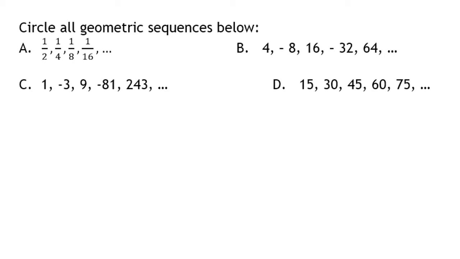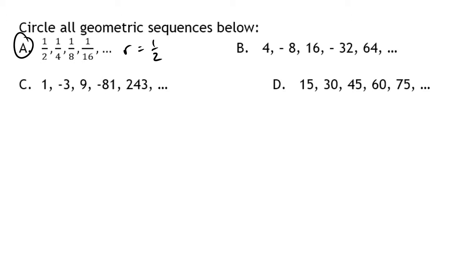If I'm looking for a geometric sequence, the hallmark is that I have to have a common ratio. I'm multiplying by a constant each time. In this first one, I go from 1/2 to 1/4 to 1/8 to 1/16. Clearly, this is geometric, and my common ratio is r equals 1/2. I'm multiplying by 1/2 each time.